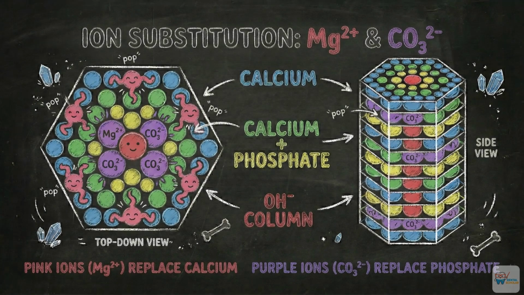But this lattice is not perfect. Substitutions occur. Magnesium and carbonate are incorporated early during amelogenesis, so they are found more towards the core of the crystal. So here I am not talking about the crystal lattice. See, a crystal lattice is a single unit which is made up of 10 calcium ions, 6 phosphate ions, and 2 hydroxyl ions. But here what we are talking about is the entire hydroxyapatite crystal.